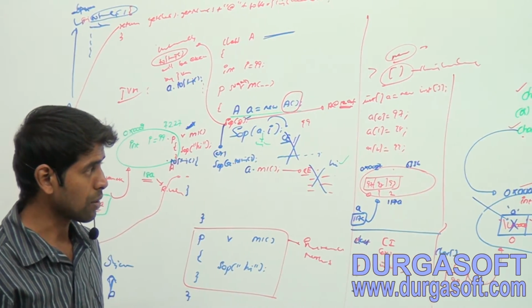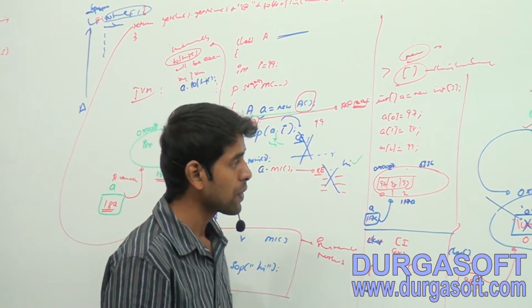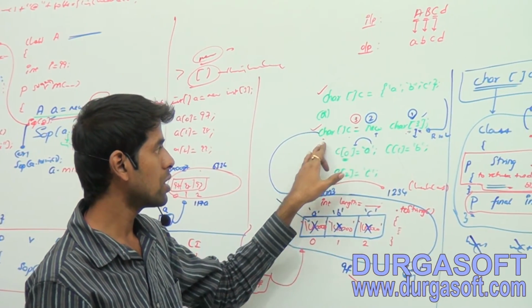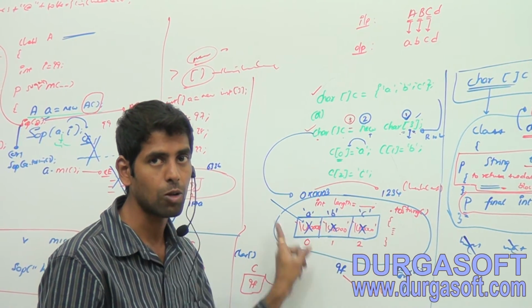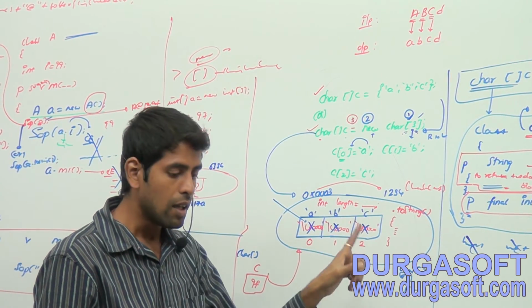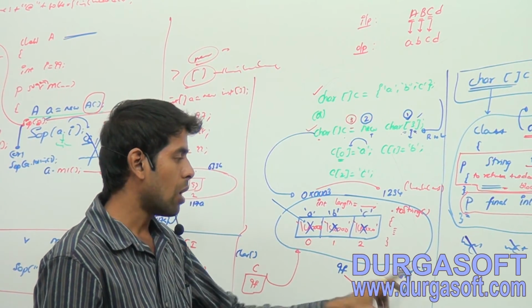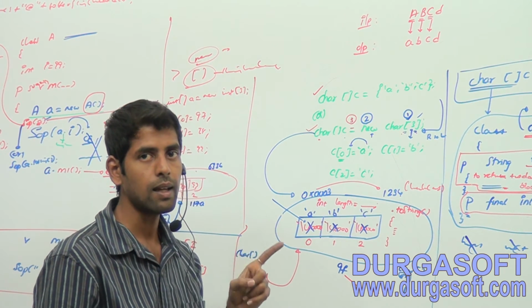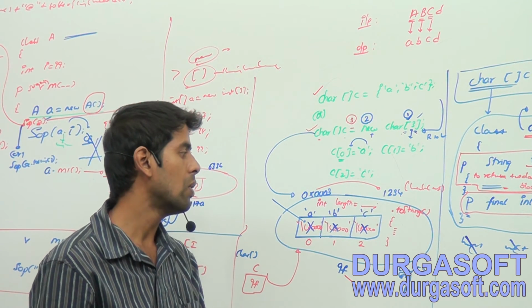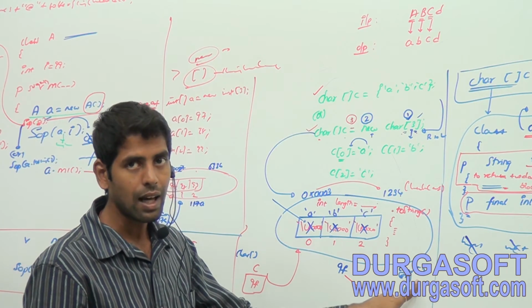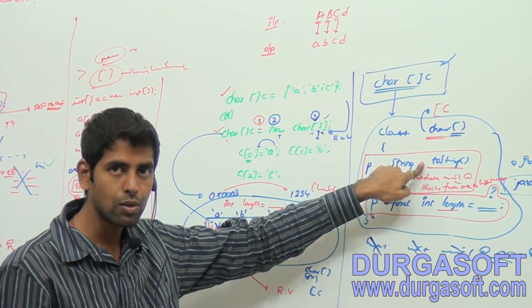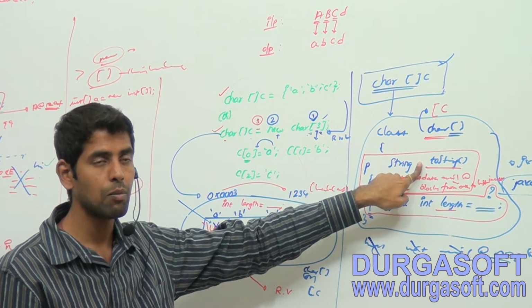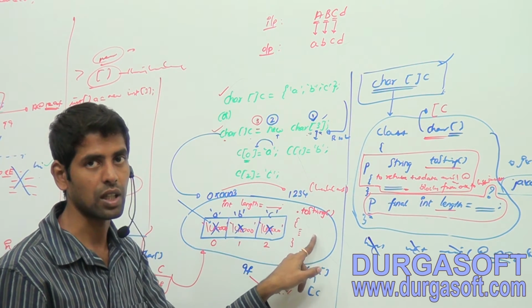Now observe here, because of this statement an object has been created. Now this object type is char array. This char array class's instance methods also will be available within the object.